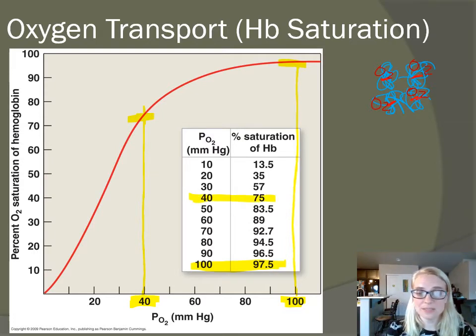What that means is that even at our lowest oxygen partial pressures in our tissues, where the cells are using up oxygen at a pretty quick pace, we are still 75% saturated.